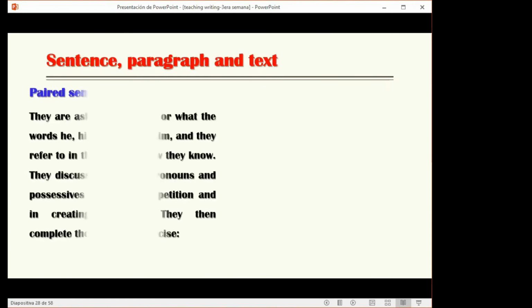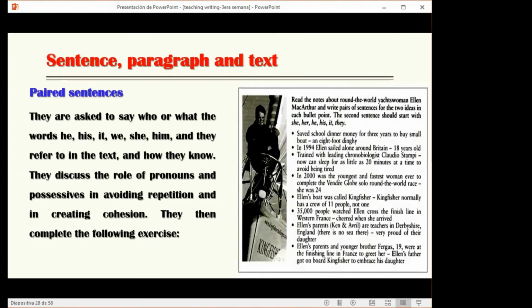Then they are going to write pairs of sentences for the 2 ideas in each bullet point. The second sentence should start with she, her, he, his, it, or they. All right. So notice here the purpose of this.